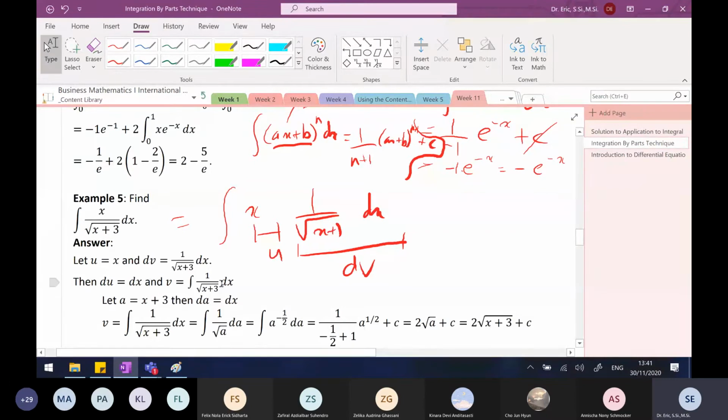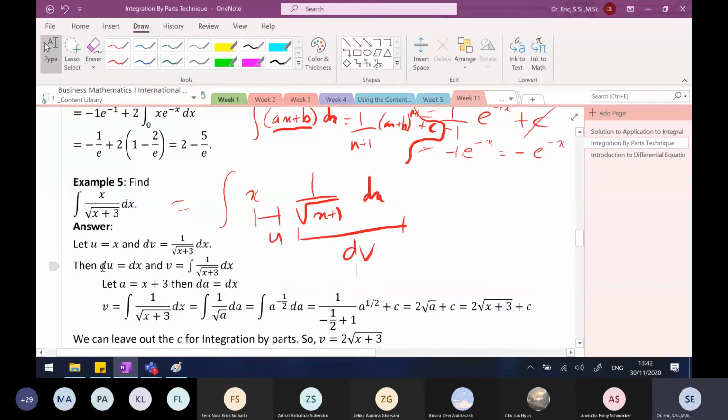Then u equals x, dv is the rest, 1 over the square root of x plus 3 dx. And you have du is this. What about the integral? Integral of dv is v, and v is the integral of 1 over the square root of x plus 3 dx.